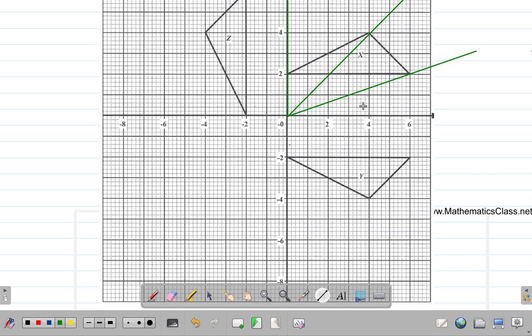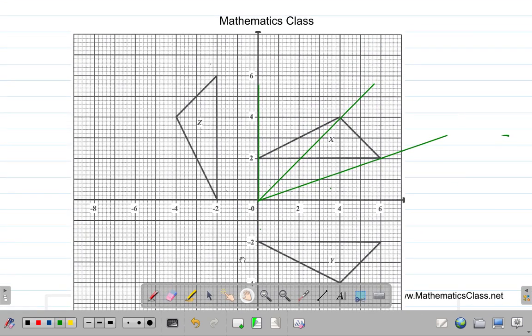Now, what does that mean? First of all, if it said scale factor 2, it would mean this length from 0 to here, you'd have to go double and come up here, but scale factor half it says.